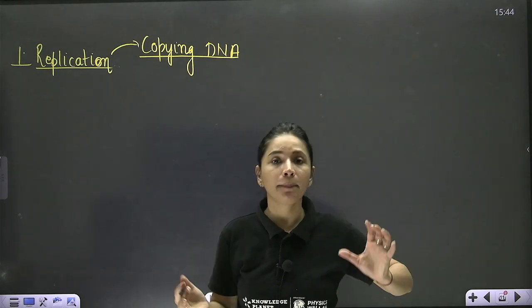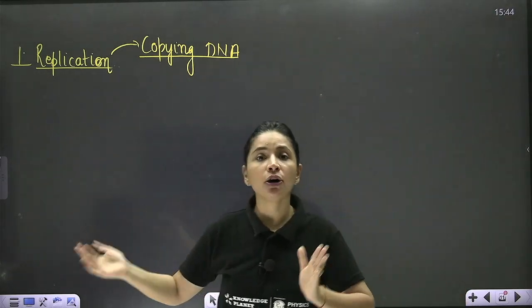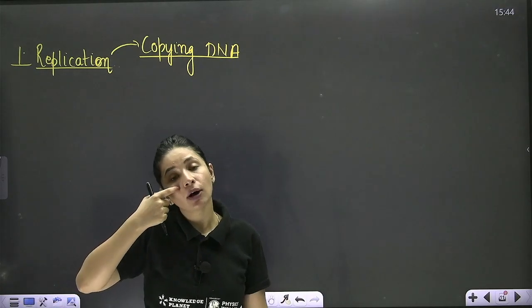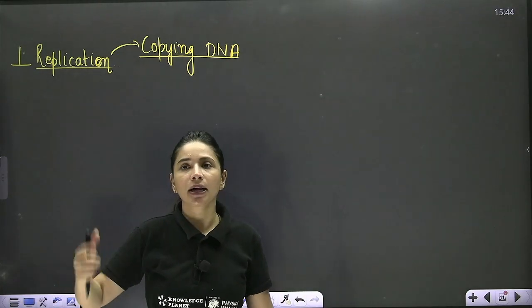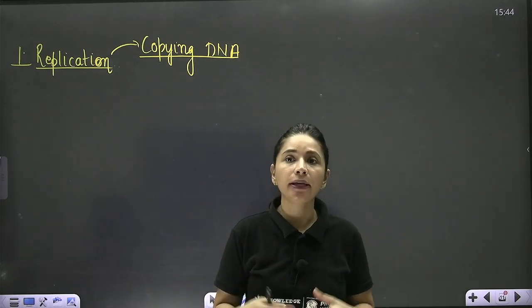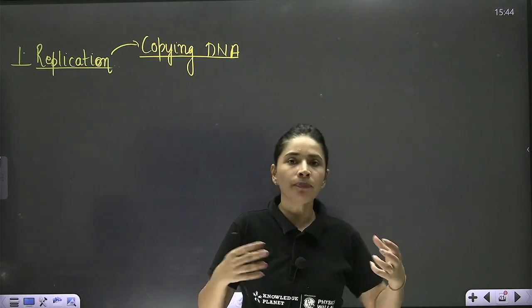Why DNA dependent? Because from DNA you are making DNA, and polymerization means formation of a polymer. So DNA is nothing but a polymer. So replication is nothing but simply copying of DNA from DNA.